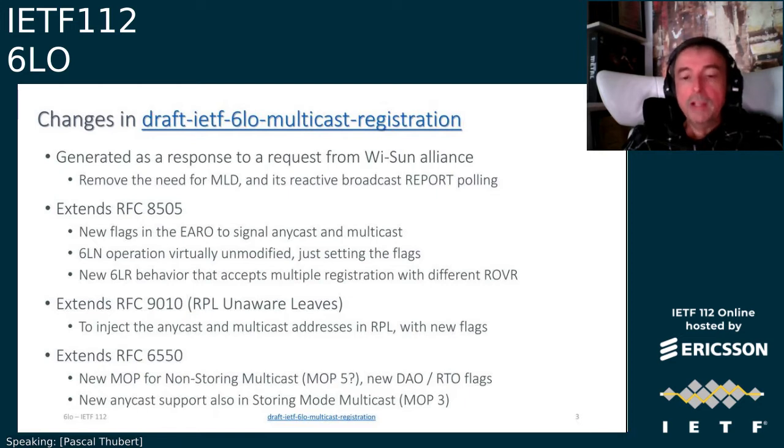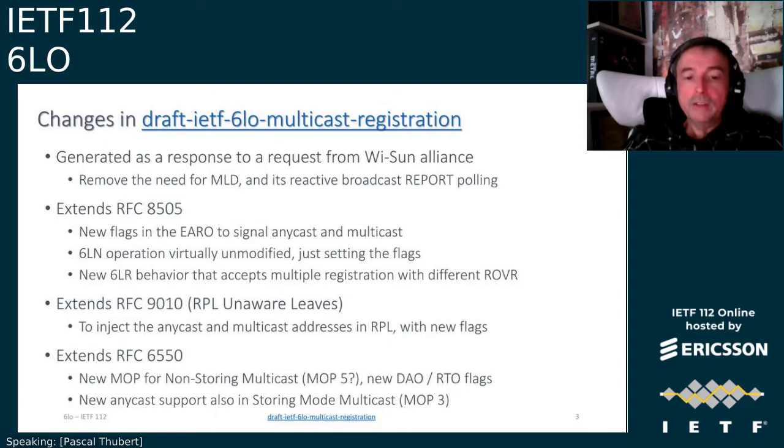And as you know, MLD is expensive in terms of energy and wireless resources because it's based on broadcast. The same reason why we designed 6LoWPAN-ND in the first place, to avoid broadcast, is also the reason why we want to avoid MLD and use 8505 for multicast and anycast as well.